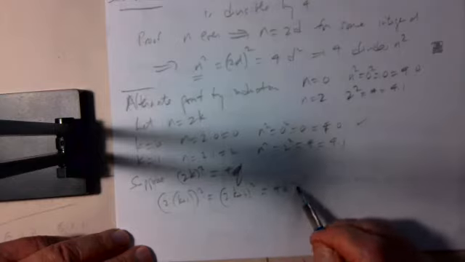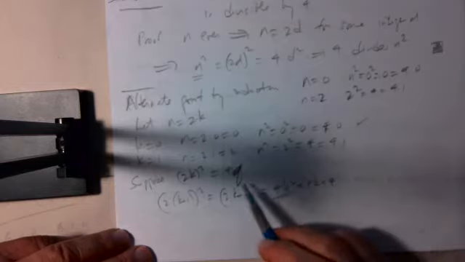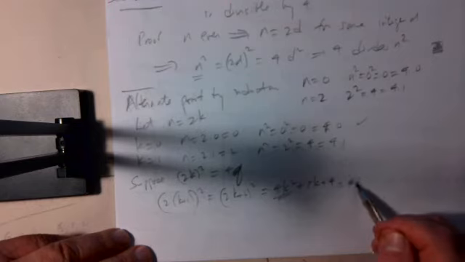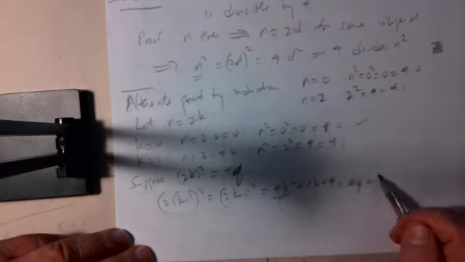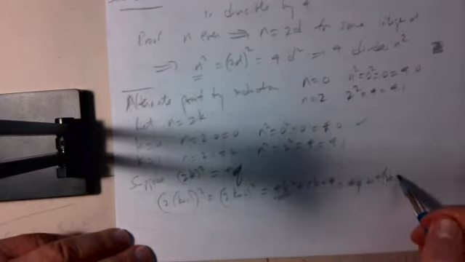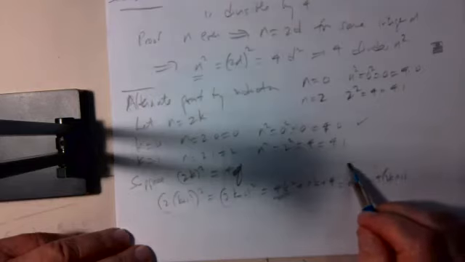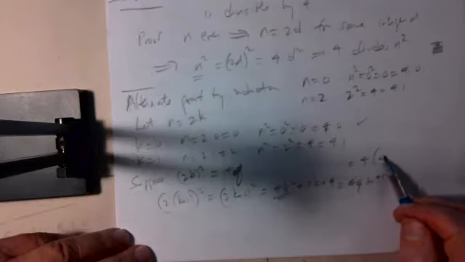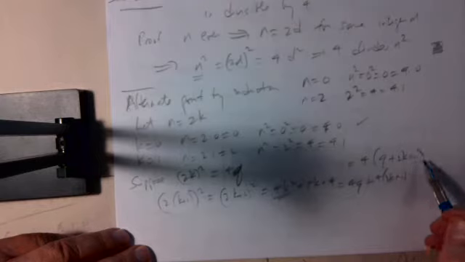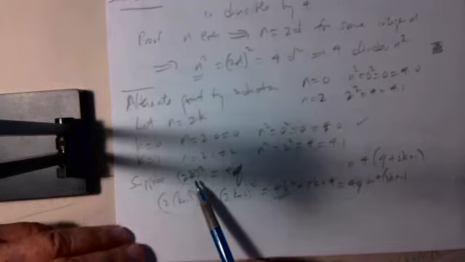So this is 4k squared plus 8k plus 4. 4k squared is 4q, and this is 4 times 2k plus 1, which is 4 times q plus 2k plus 1.